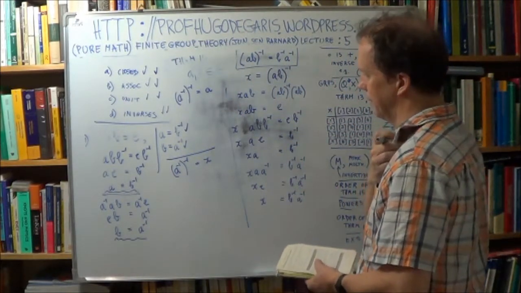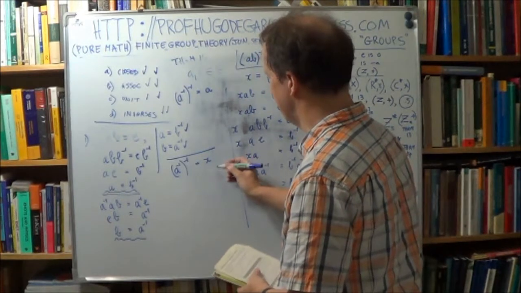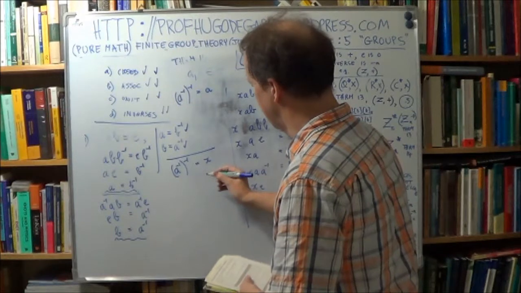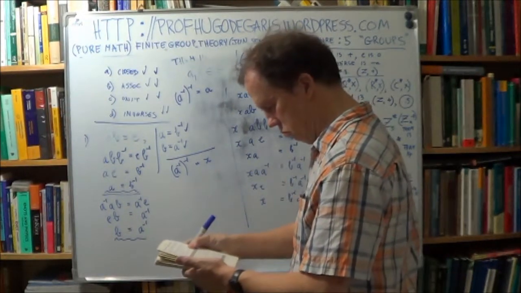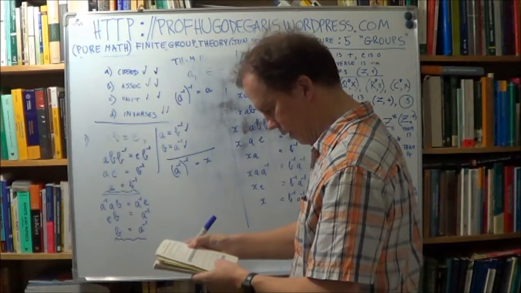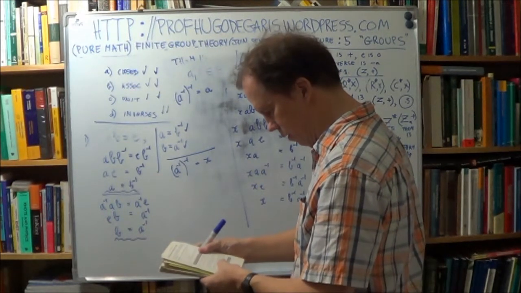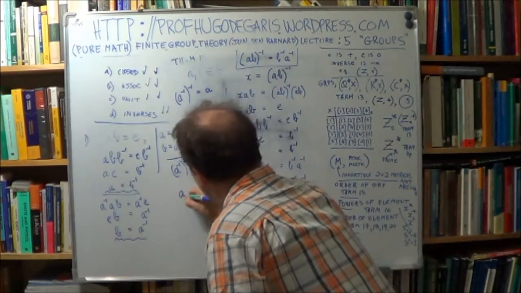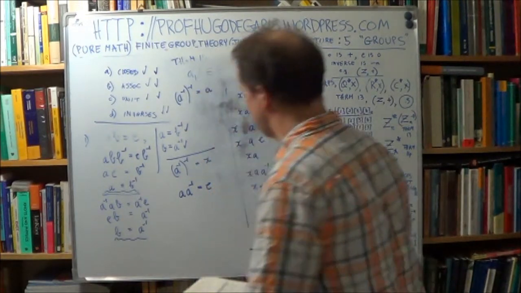So if I multiply both, is this going to help? In the textbook they do it this way, so follow the textbook.